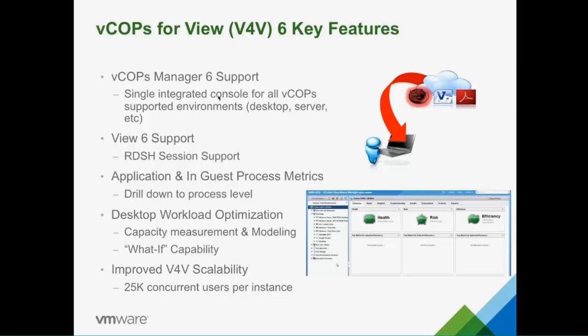So in addition to seeing their Horizon servers and their desktops and all of this sort of stuff, they're also going to be able, down to the process level of the application, to see the performance of the RDS hosted application either through the pool or at the individual layer. Right? This is tremendous. In addition, we've increased scalability up to 25,000 users with just one deployment of vCops for View.